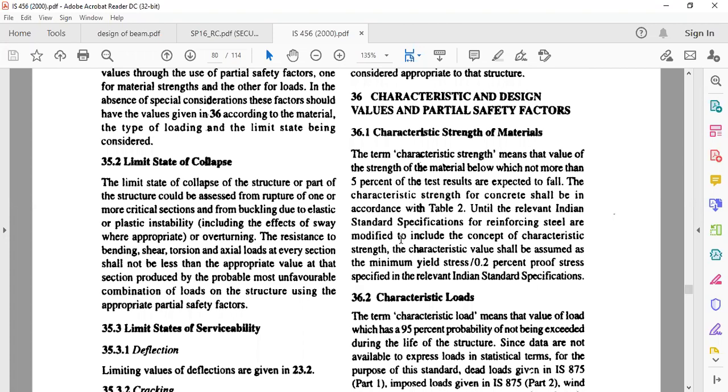If you read it properly, most of the time in competitive exams, questions are asked from IS 456 or the codal provisions, especially related to some sections.